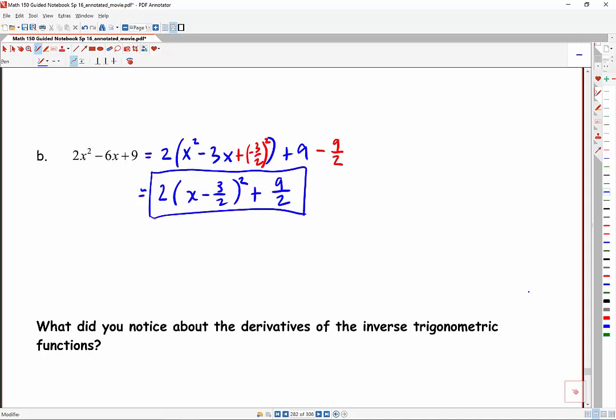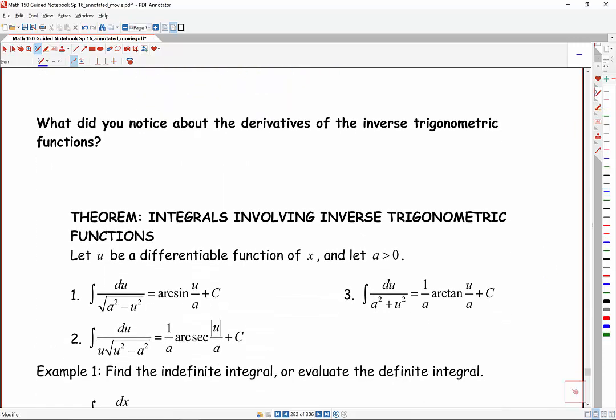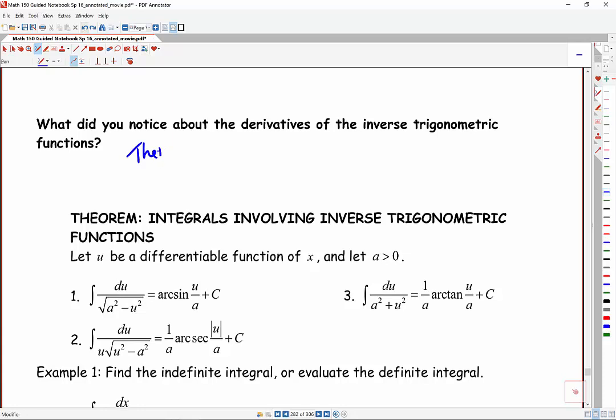All right? Okay, so remember from our last lecture in 5.6, what did we notice about the derivatives of the inverse trig functions? There were basically three pairs, which differed by a factor of negative 1.